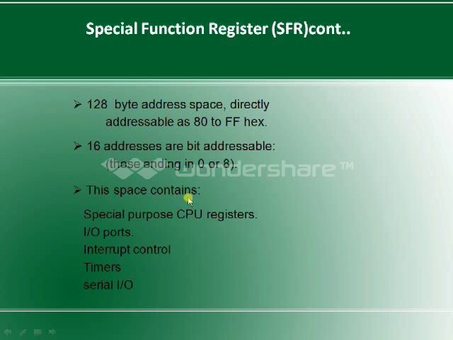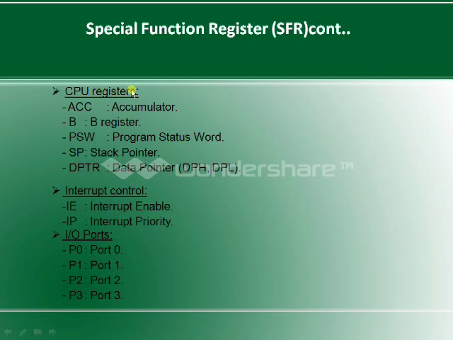This space contains special purpose CPU registers, IO ports, interrupt control registers, timers, as well as serial input output. So this complete space, that is 80 to FFH, contains all these registers. Let us see what those registers are. Inside the CPU registers category: accumulator, B register, program status word, stack pointer, and DPTR.